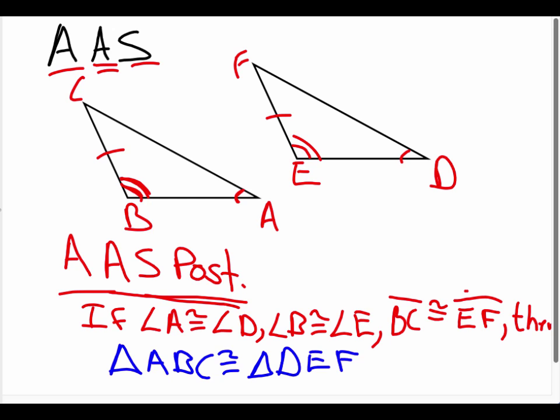So let's look at example number 2 out of your textbook. Or actually, this is problem number 3 out of your textbook. I kind of skipped example number 2. So this is example number 3. Maybe we'll go back and do number 2 separately. So I have an object that kind of looks like this.